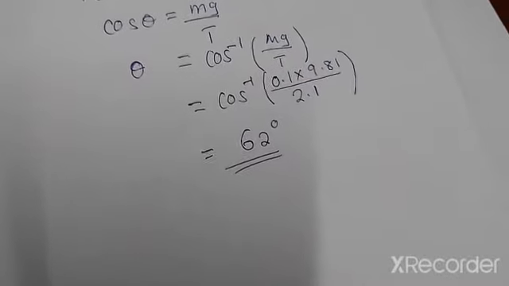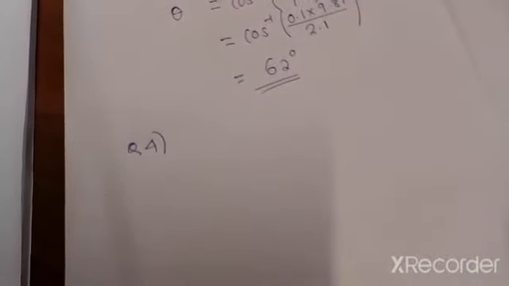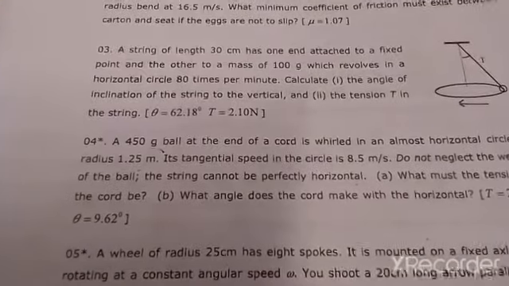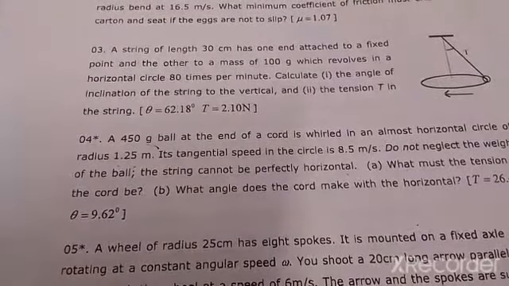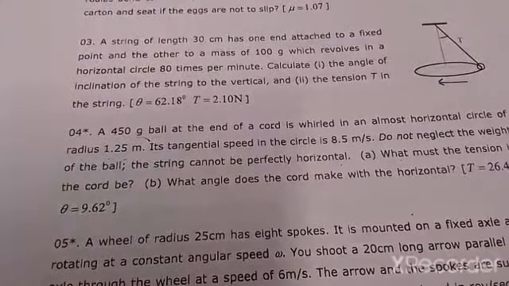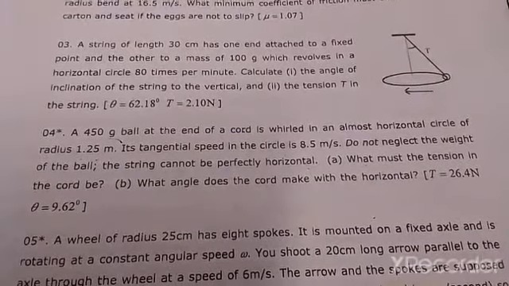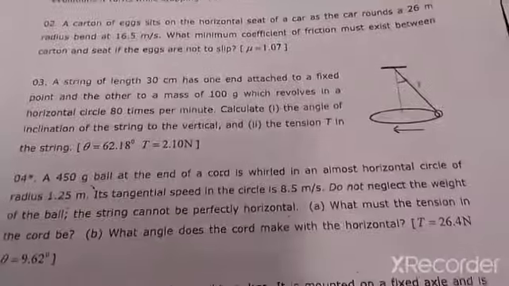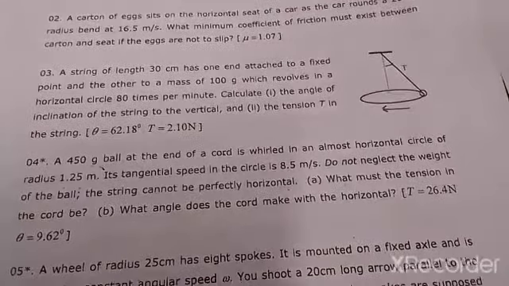So now we go to question 4. So question 4 reads, if you go back to the question, a 450 grams ball at the end of the cord is whirled in an almost horizontal circle of radius 1.25 meters.